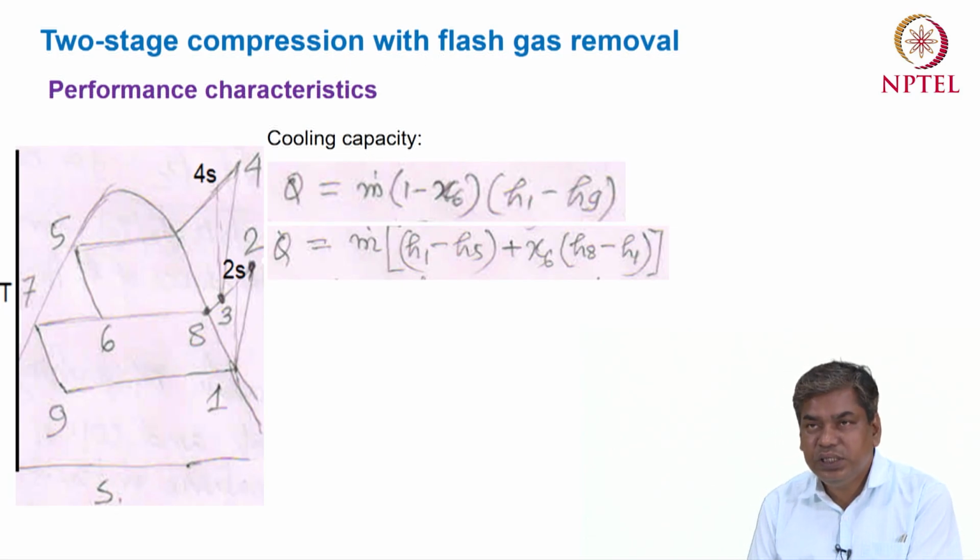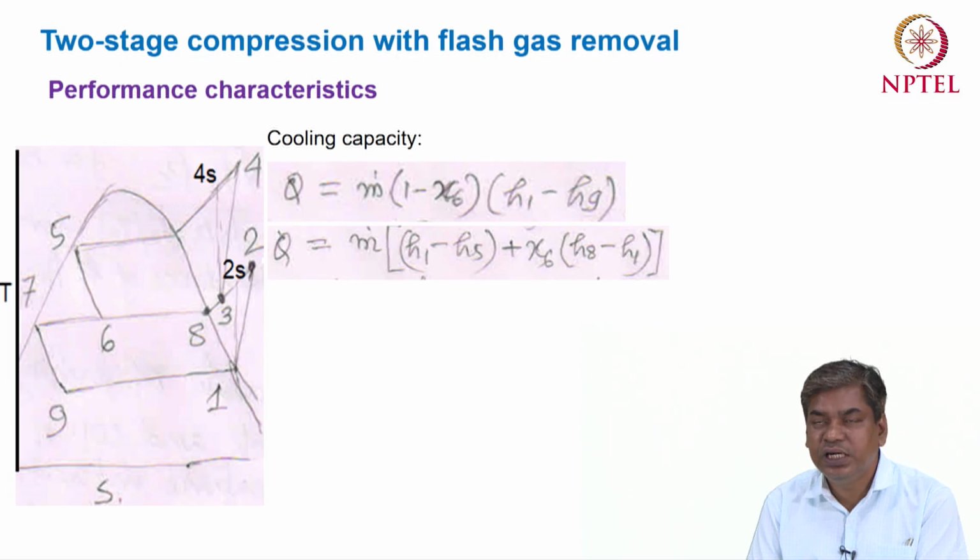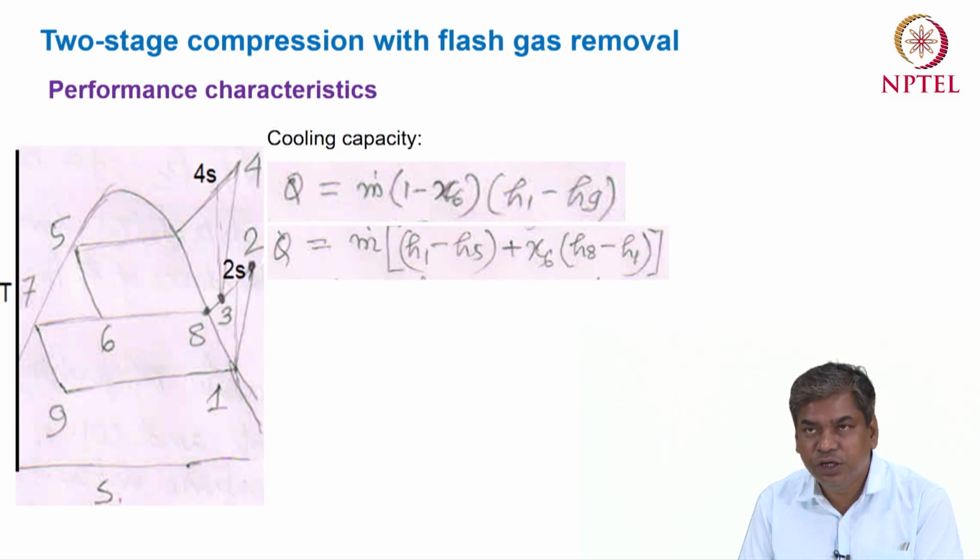If you see the p-h diagram for this system, which I discussed in the previous slide, we can see that the enthalpy at point 8 is always higher than the enthalpy at point 1. So in general h8 minus h1 is positive. Although this enthalpy difference may not be very high, it is a positive quantity.